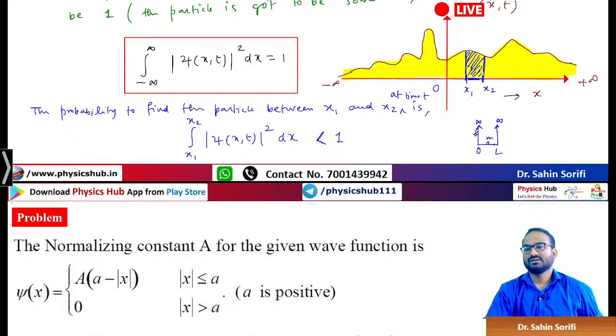If you go on the other side, x less than 0, whatever you do, that will be equal to 0. So it will depend.